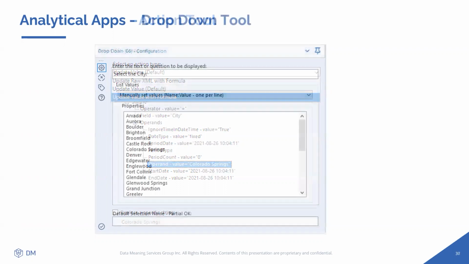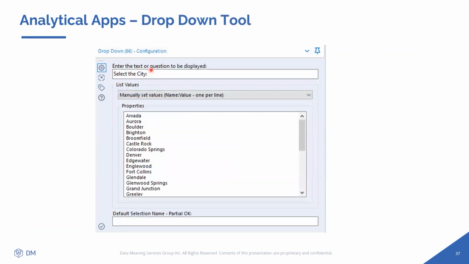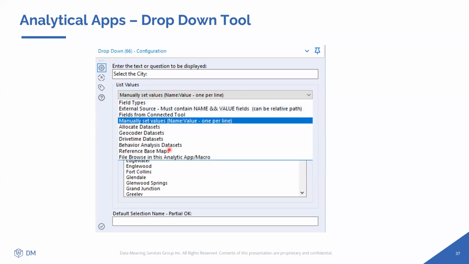But also related to the user interface tools, here's an example. So for the drop down, I'm able to select the text or the question there. So in this example, I select the city. I have the option to manually set values. So as you can see here, all the cities are pasted here, but I have a lot of different options.